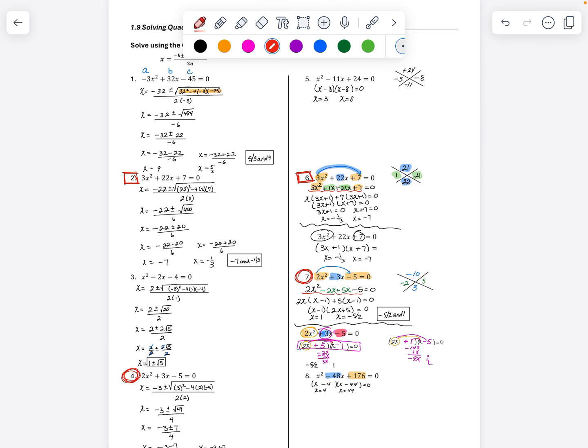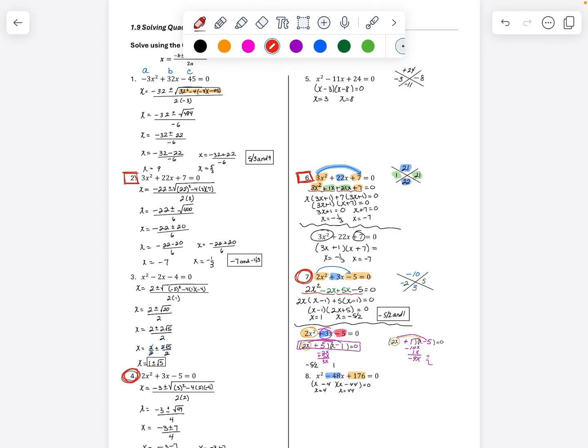Why 2 different ways? The quadratic formula will work for every quadratic equation in the world. There is not a quadratic problem that the quadratic formula will not solve. Factoring will only solve them if there are factors of AC that add to B. If there are factors of the product of the first and last term that add to the middle term, then factoring will work.